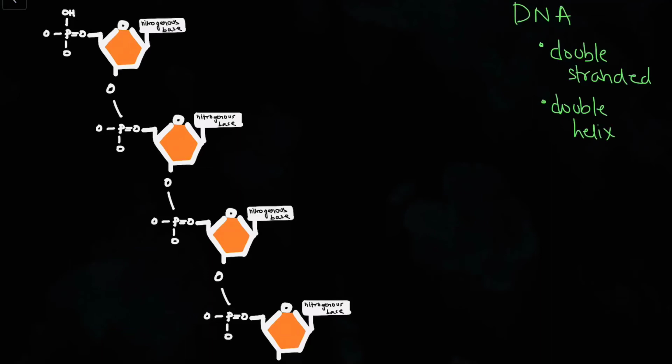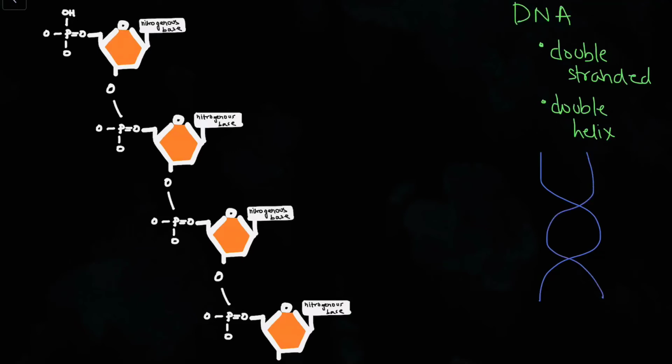So a very common nucleic acid that we all know about is DNA, or deoxyribonucleic acid. Now DNA is double-stranded, and it takes the shape of a double helix, which looks like this.